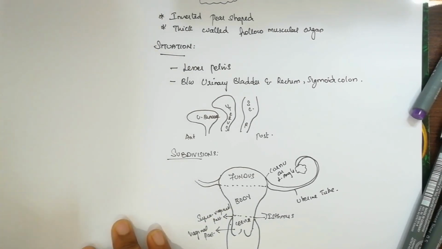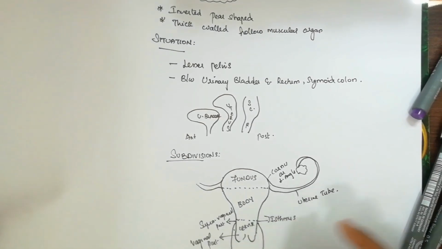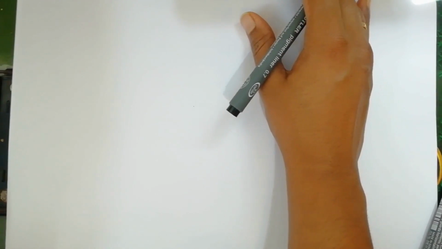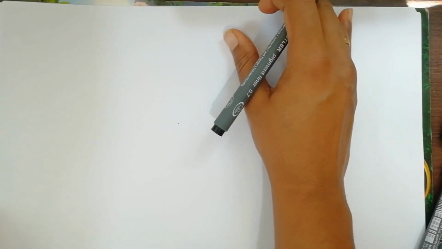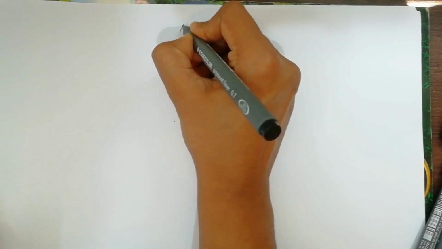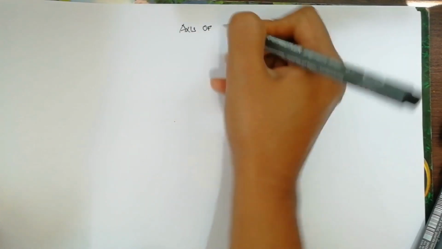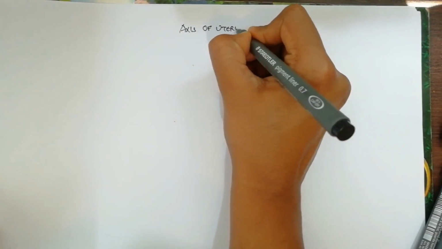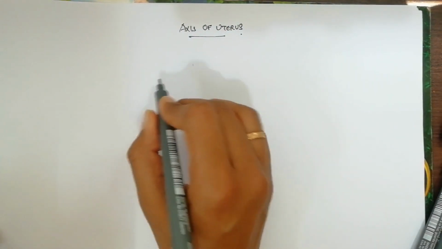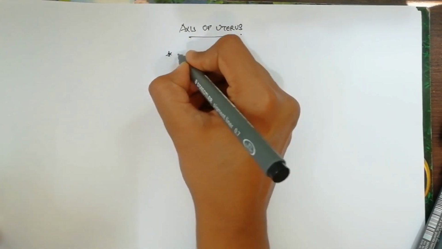Now we will move on to the axis of this uterus. Talking about the axis of the uterus, the normal uterus has two types of axis.